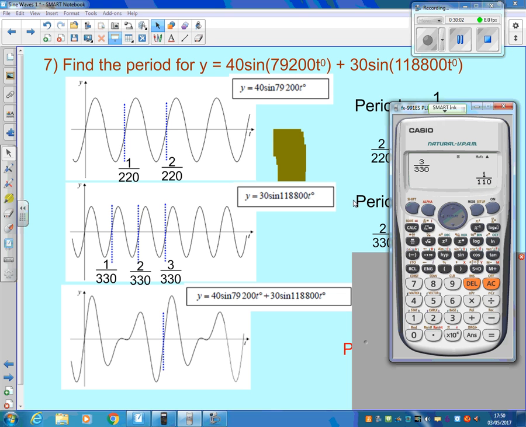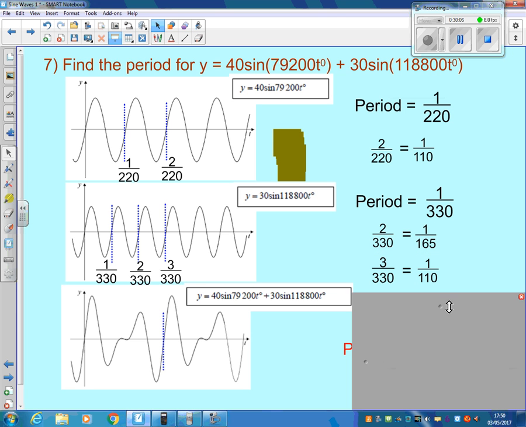So basically you can type the things in and cancel them down and see what you get. So this one goes 1 over 220, then 2 over 220, which is that. This one's 1 over 330, 2 over it cancels to that, 3 over comes to that. And what you're looking for is the same number.